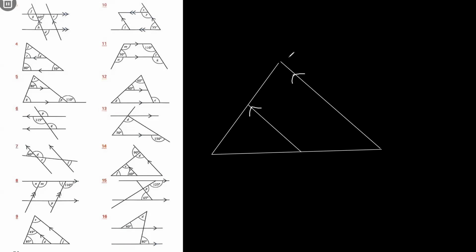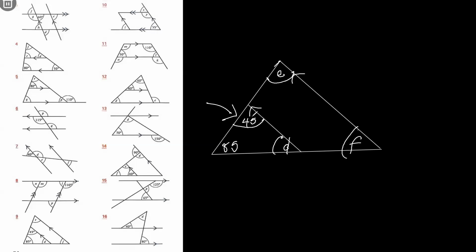Right? So this is the line cutting them. So the question I have, if this is 45, this is 85, what corresponds to this angle here? This is D and this is F.